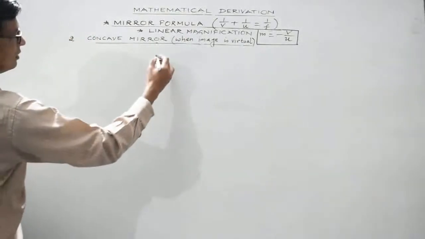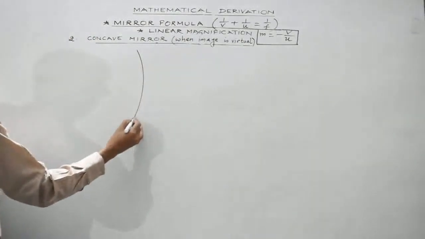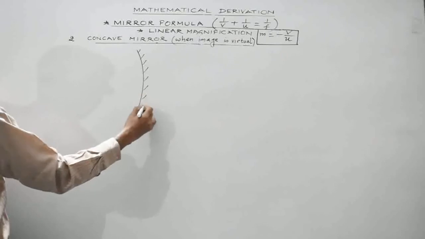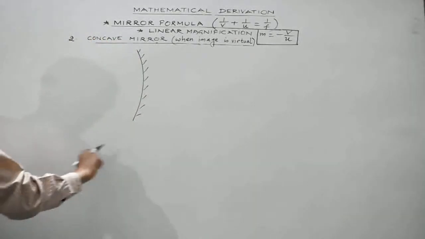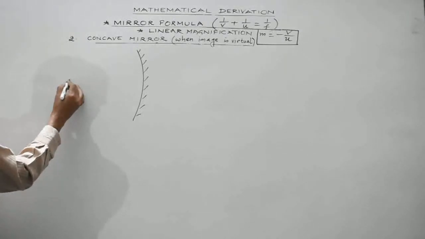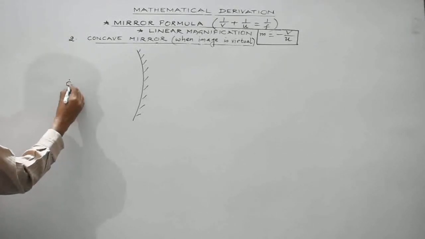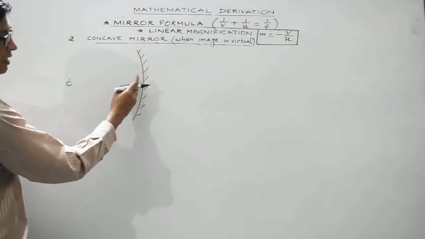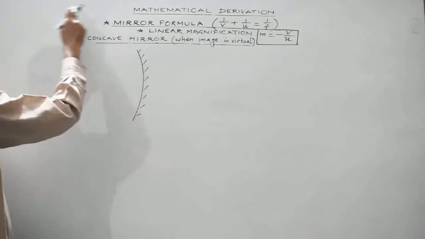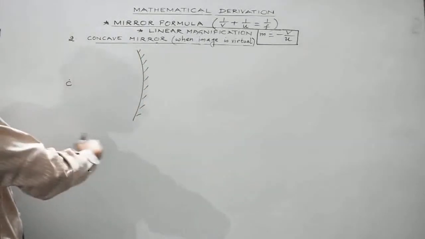So this is a concave mirror. Again, as you are aware, it's a part of a hollow sphere. The center of that sphere is known as the center of curvature. And concave mirror means the reflecting surface will lie towards the center of which it forms a part, right?